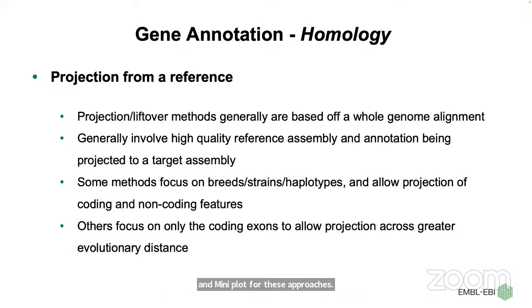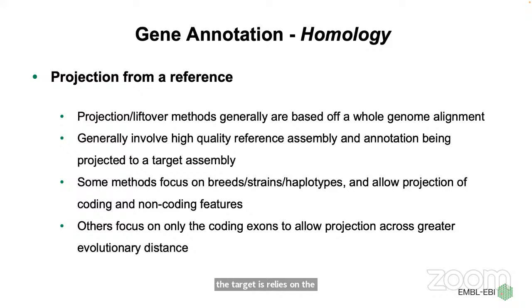So the second part of homology is the projection from reference, where we use a reference genome and do a whole genome alignment. We generally prefer high quality assembly and annotation, so that the target relies on the reference annotation.